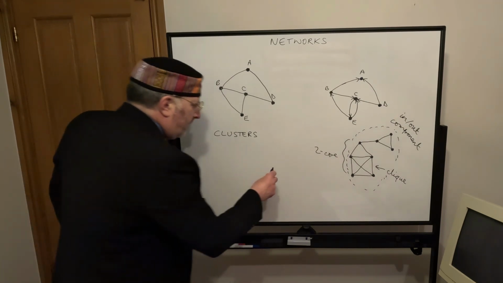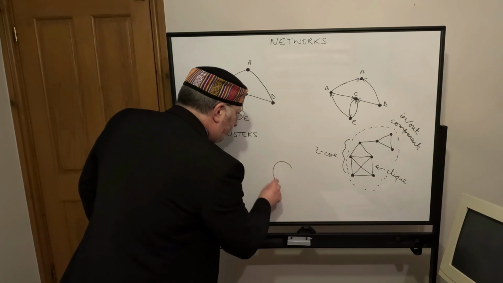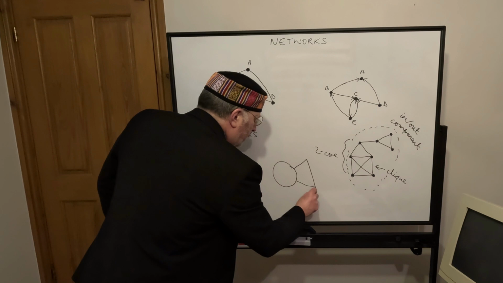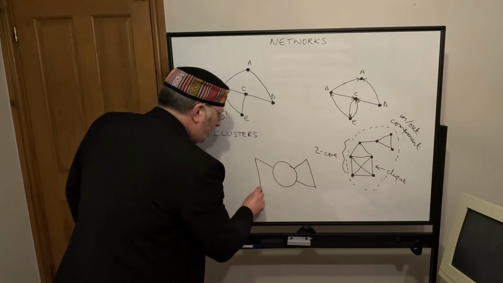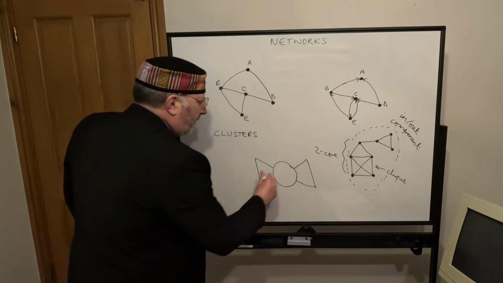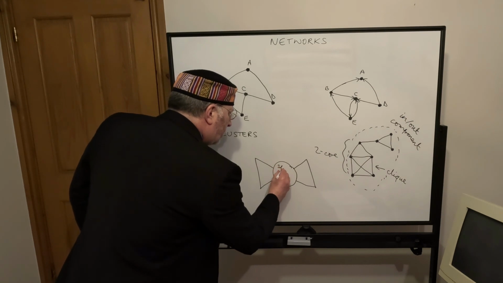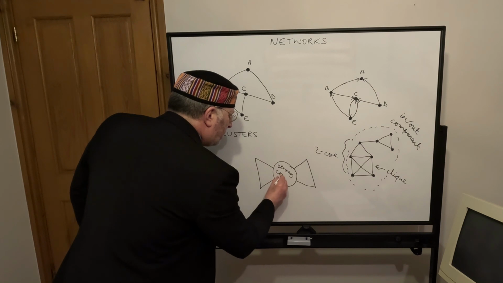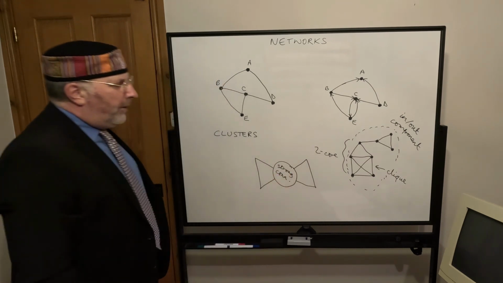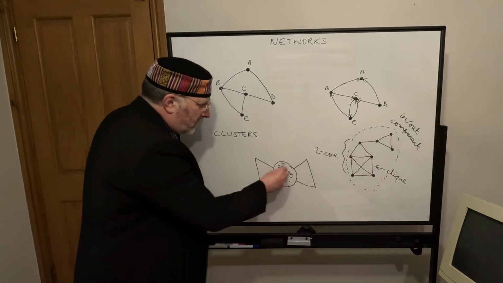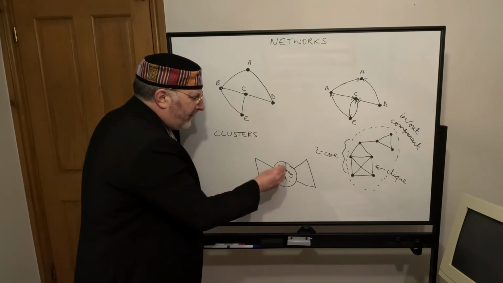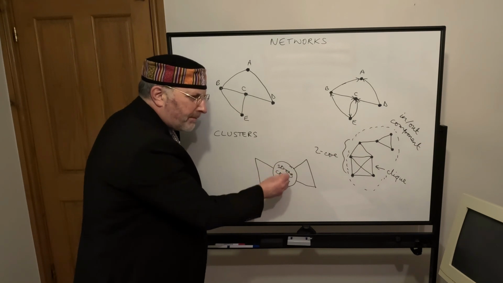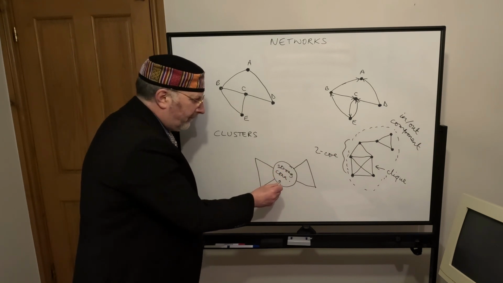And a fairly famous diagram of the World Wide Web looks like this, that there's a strongly connected core. So within this strongly connected core, every web page can be reached from every other web page just by following hyperlinks.